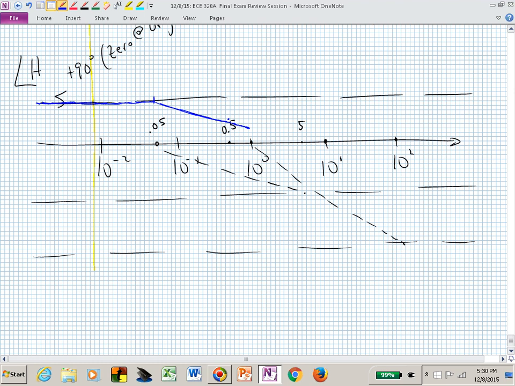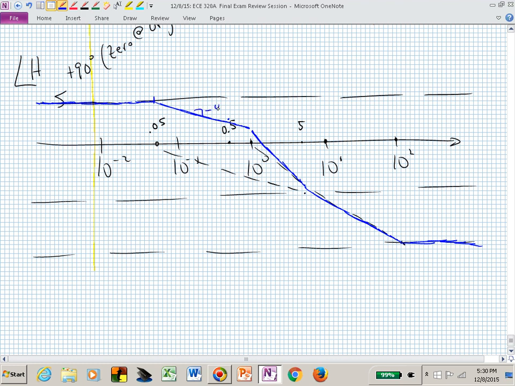But I can draw that until I reach right here at 5, and then I will back off and be sloping at only that due to the double pole at 10. So I'm sloping very fast until there, and then I'll slow down, because that's the only thing sloping, and I end up at minus 180.